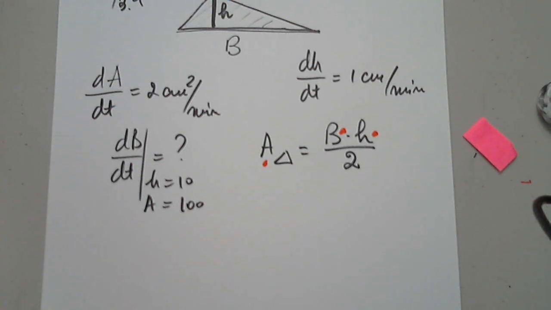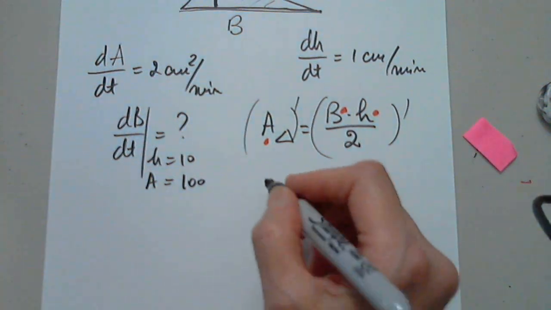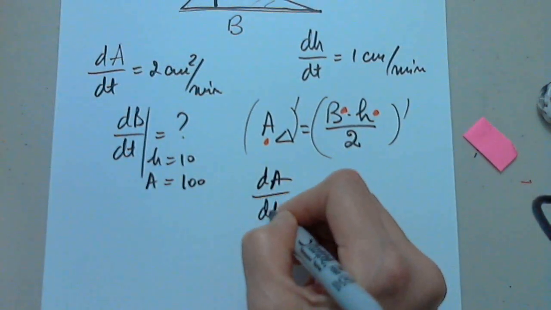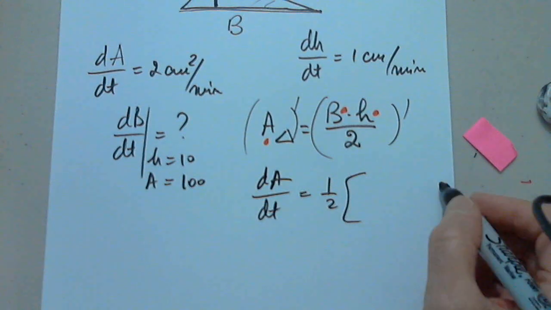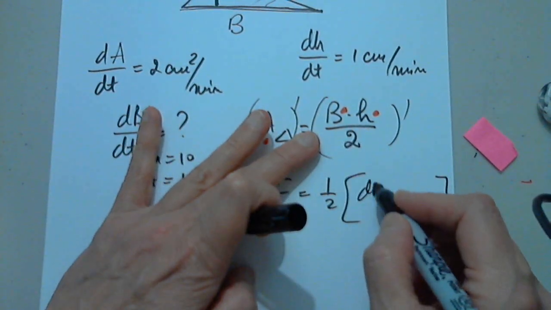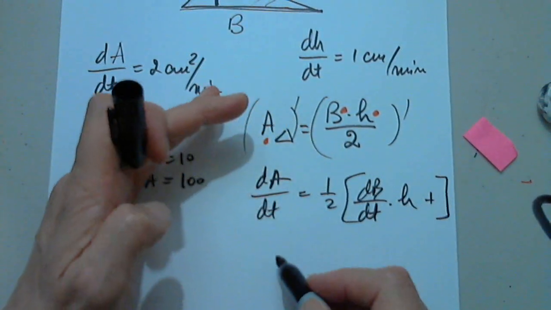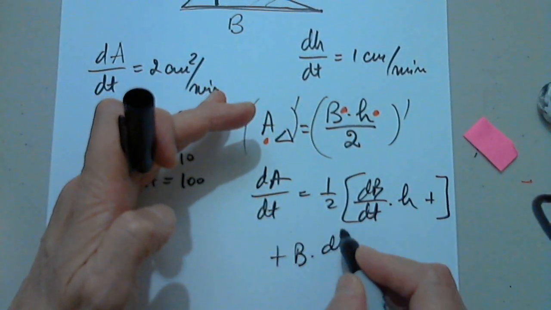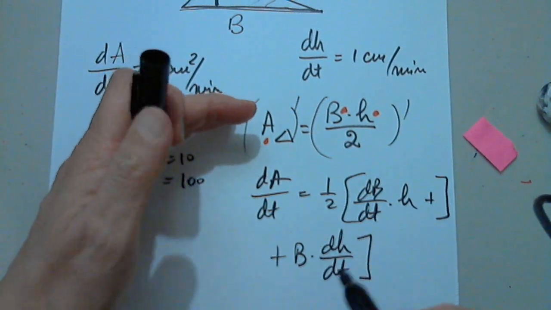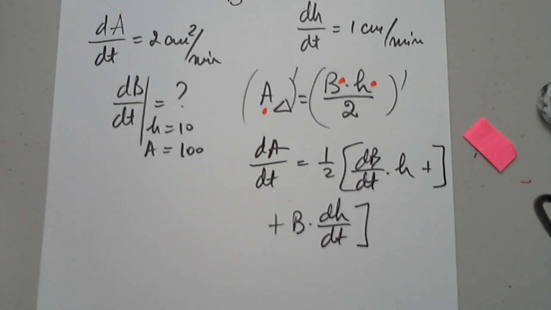So then when we differentiate both sides, we have dA over dt equals 1/2. So this is the product rule. dB over dt times h plus B times dh over dt by the product rule.